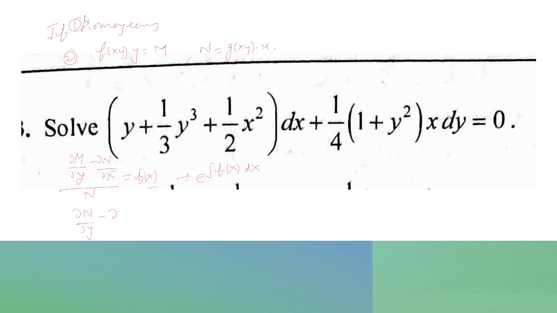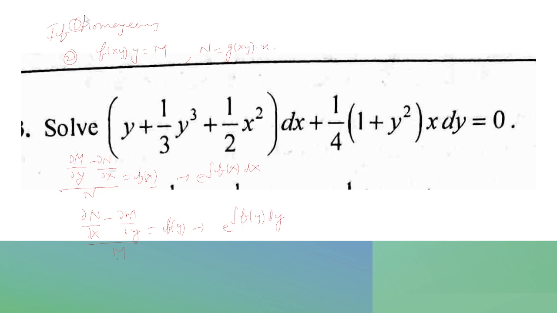And when we do it the other way, if (del N by del x minus del M by del y) divided by M is equal to a function of y, the integrating factor is e raised to the power function of y dy.